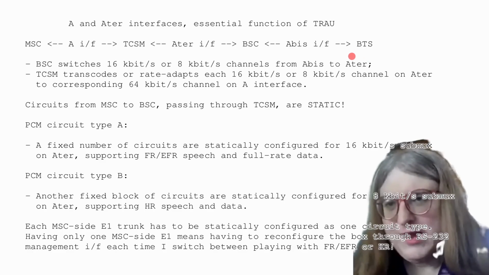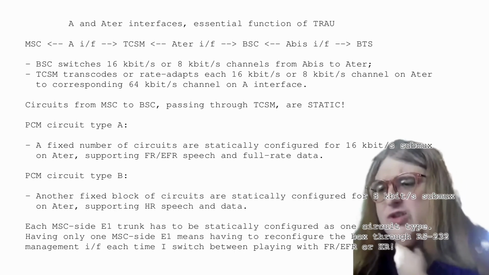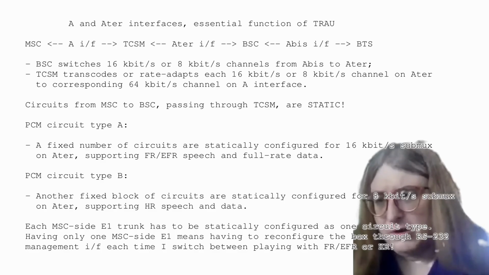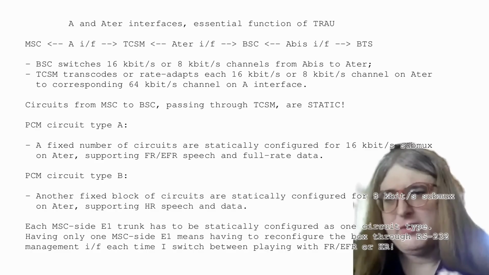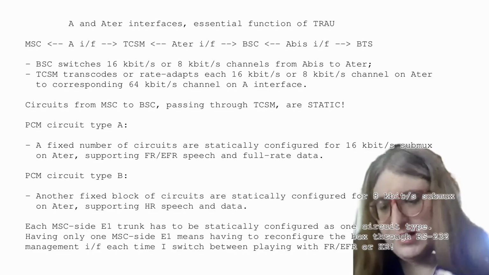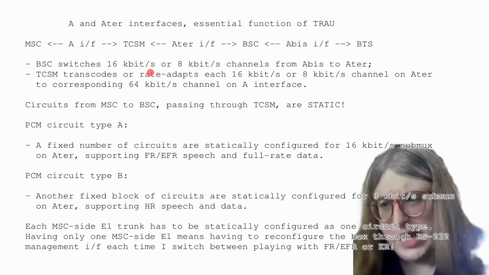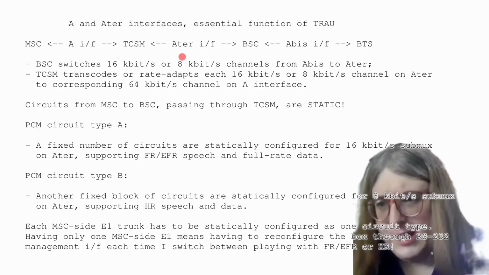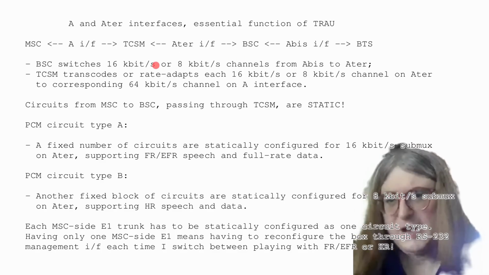But then the BSC, here in the picture, has a fabric switch. The fabric switch in the BSC operates on 16K or 8K channels. And so the BSC, as part of call setup, will tell the BTS to activate the channel, but it will also set up its fabric switch to cross-connect this 16K or 8K channel from the Abis side to Ater. And Ater was Nokia's term for the interface between the BSC and the TCSM.